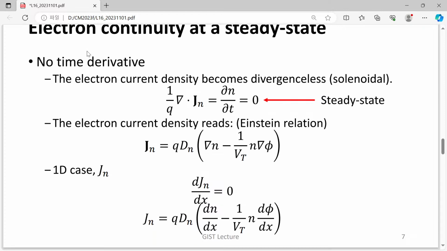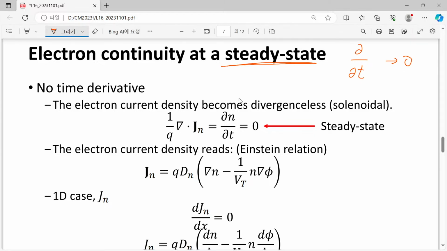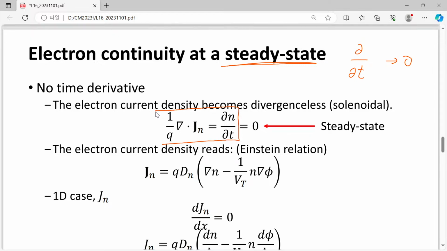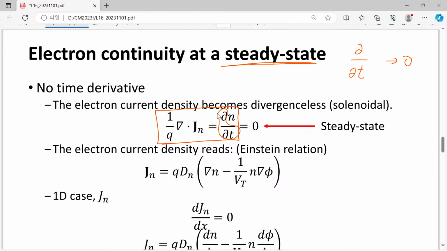So if we have steady state, it means that any time derivative terms go away. Then this is our original continuity equation, but the time derivative terms go away because of our steady state approximation.